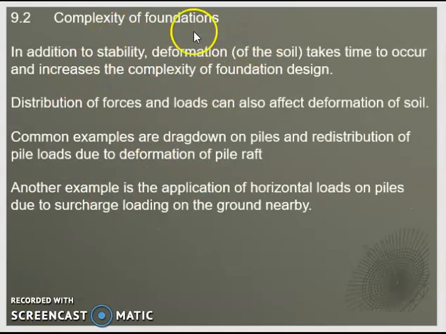Also, the settlement of the soil will take time to occur. It doesn't occur immediately. If it's consolidation settlement, it will take a very long time. That will further increase the complexity of the foundation design. The distribution of forces and loads can also affect the deformation of the soil.